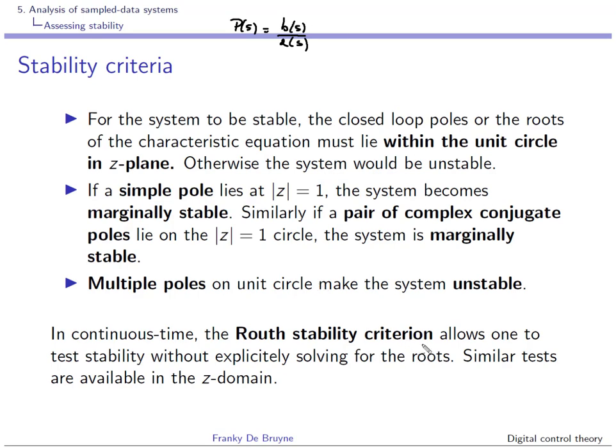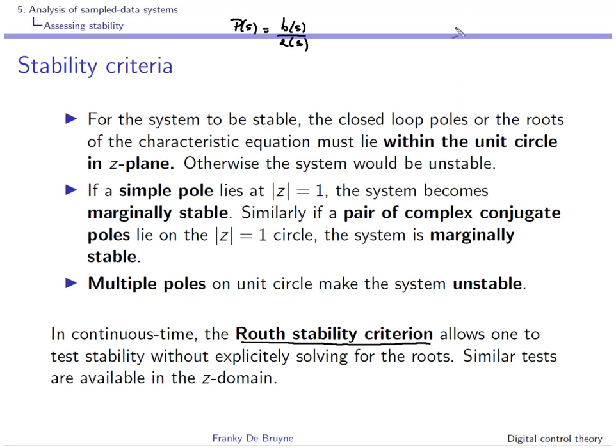But there is also a criterion, which is the Routh stability criterion, which allows you to assess if this polynomial has stable roots just by considering the coefficients of this polynomial. This is something that has not been seen in last year's course of Fundamentals of Control Theory, so I have put it in the slides for your information only.